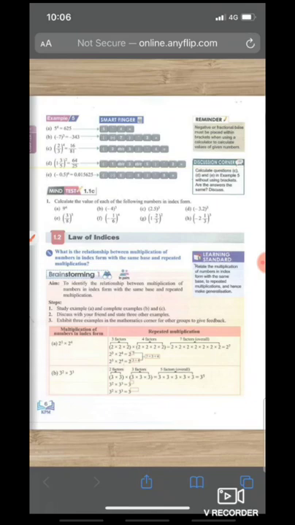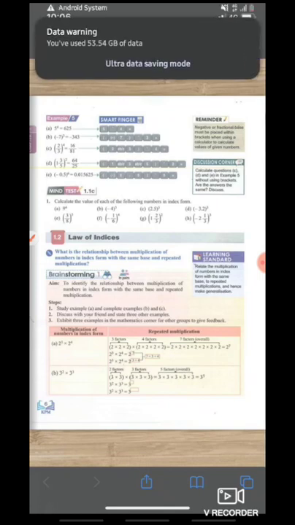So I want to look at Brainstorming 1. The aim is to identify the relationship between multiplication of numbers in index form with the same base and repeated multiplication. Step 1, study example A and complete examples B and C. Here you are going to study example A and look at the solving method that they give.